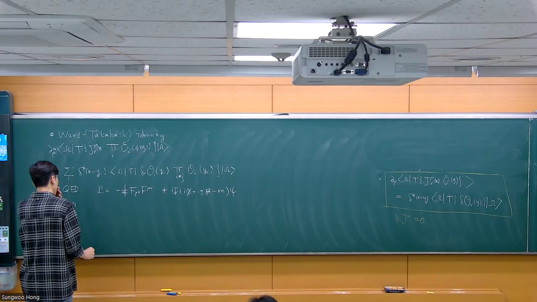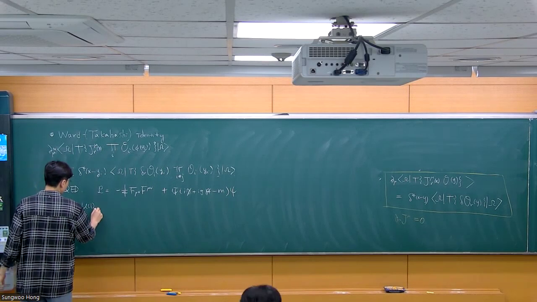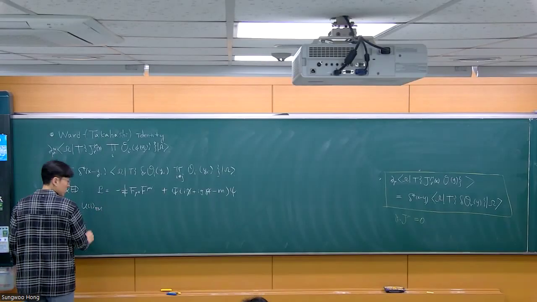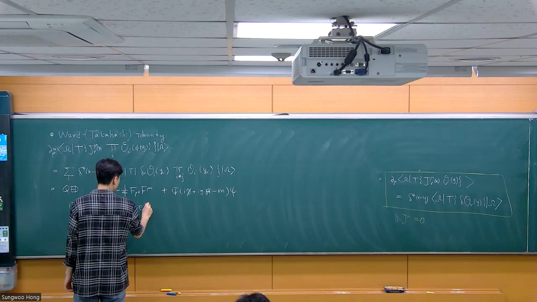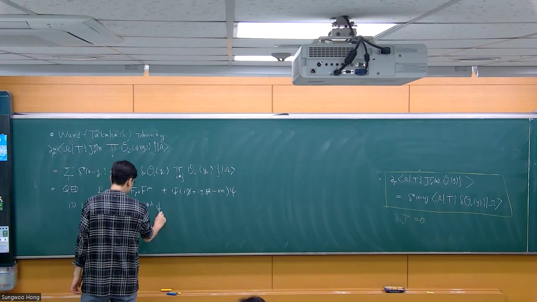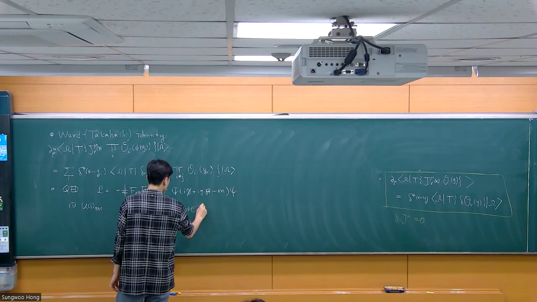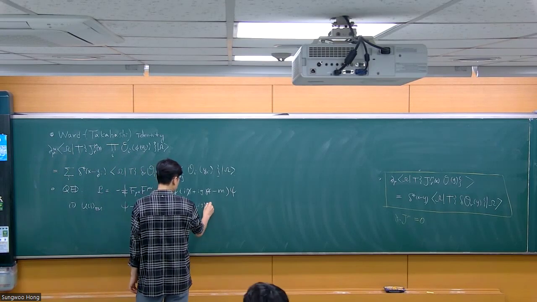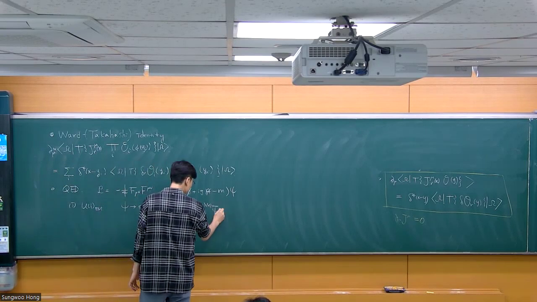So first, there is obviously a U(1) gauge transformation under which, for instance, psi goes to e to the i g lambda psi, and psi bar goes to e to the minus i g lambda psi bar, where g is the gauge coupling. This is space-time dependent.